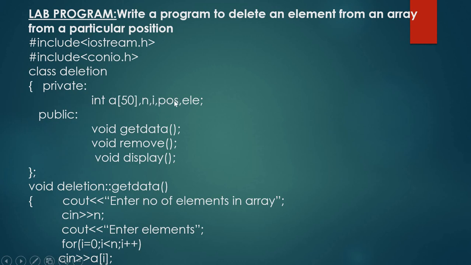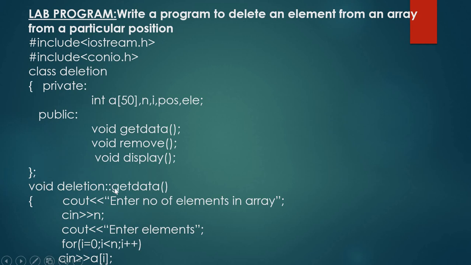POS is the position from which we are deleting the element, and ELE is for storing the element from the position. Then there are 3 member functions: getData, remove and display. Here we can't use the name delete because delete is a keyword, so we are using the name remove. After that we are closing the class with one semicolon.